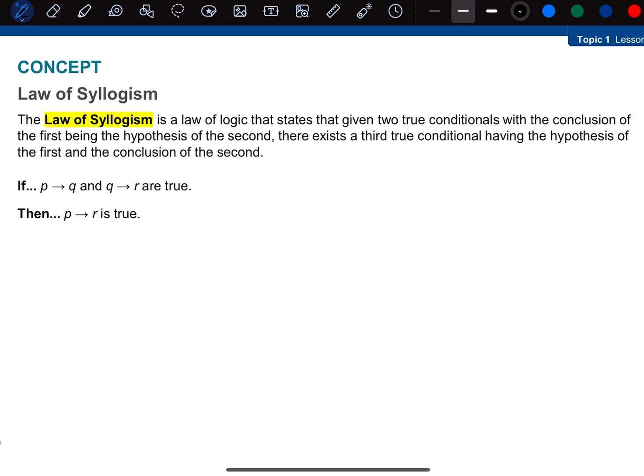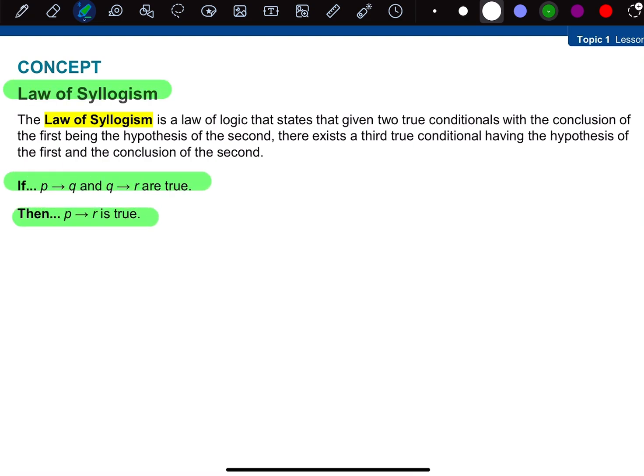So the next concept is the law of syllogism. You already have that vocabulary written down. If you do not, it is still posted in Schoology in lesson 1.6. But in your notes, I would also like you to write down the thing that I highlighted in green.